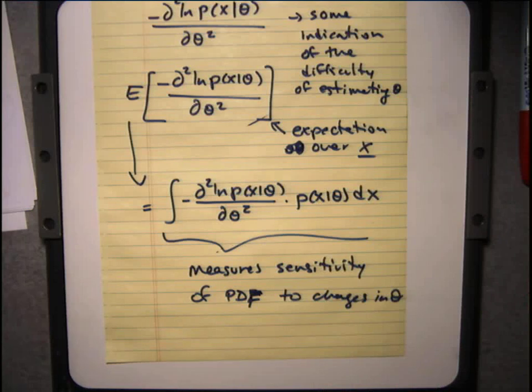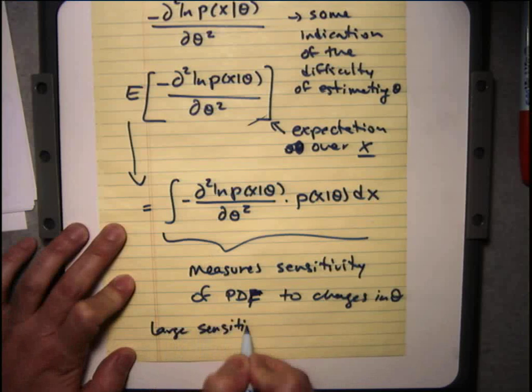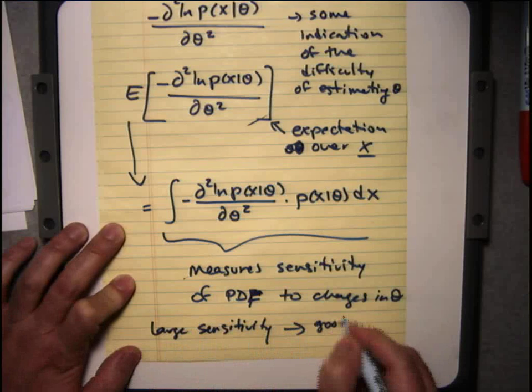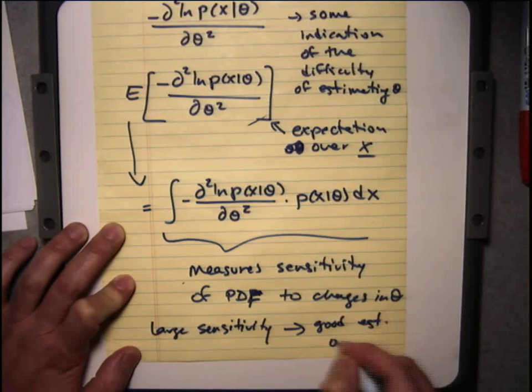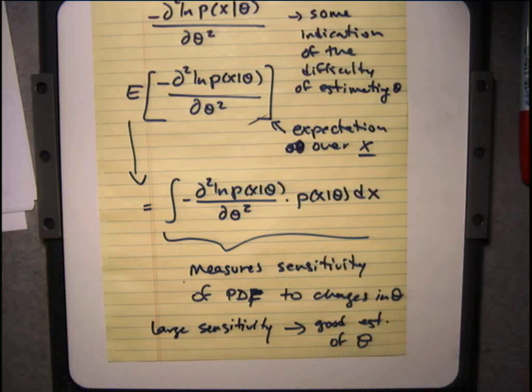Okay, so that's sort of the reverse of this argument. Okay, so large sensitivity gives you a good estimate of theta, or better estimate of theta, easier to estimate theta.